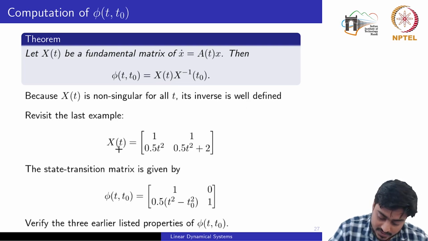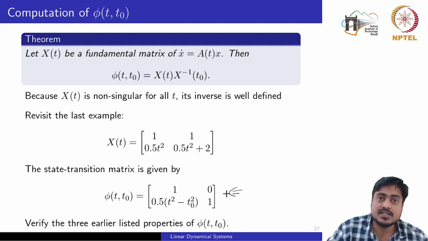Let's see. So this is the example. In the last example we computed the x of t. If I compute this x of t at t is equal to t naught and multiply this matrix with the inverse of the fundamental matrix at t is equal to t naught, I would get this state transition matrix.